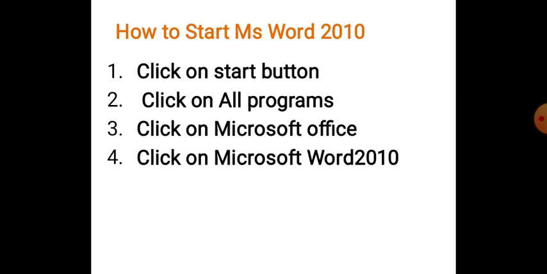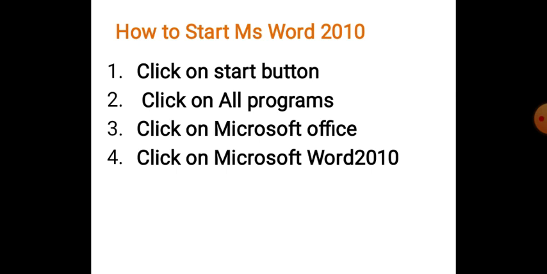As we all are familiar, on the desktop there is a taskbar and on the left side of the taskbar there is a start button. So first click on the start button, then a list will appear. In that list we will select All Programs, and when we click on it we will see various options. In that we will click on the Microsoft Office option, and Microsoft Word, Excel, PowerPoint and other Office package software will come.